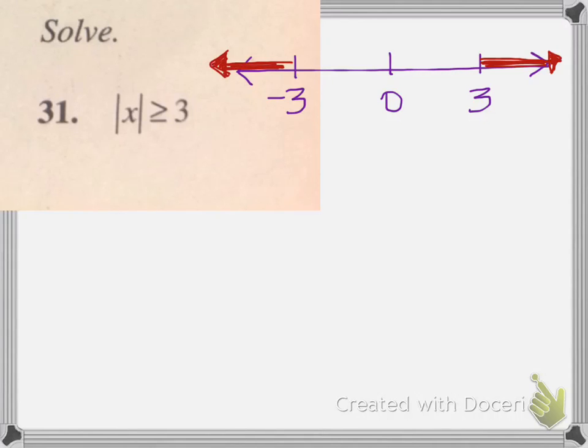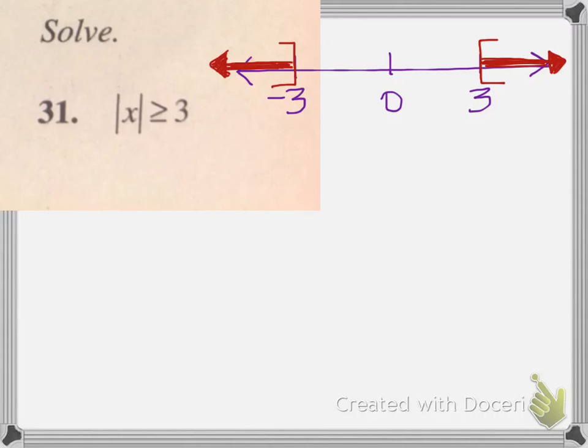Their distance is further and further away from 0, which means their absolute values are definitely greater than or equal to 3. And since it could be equal to 3, then we have to use squared off brackets. So graphically, this is the situation that we have.